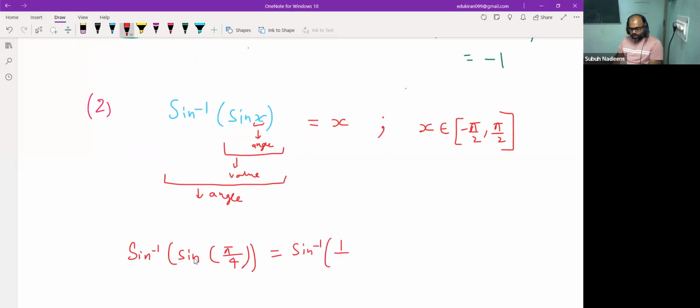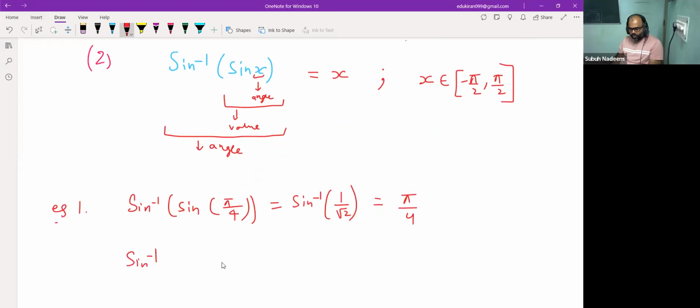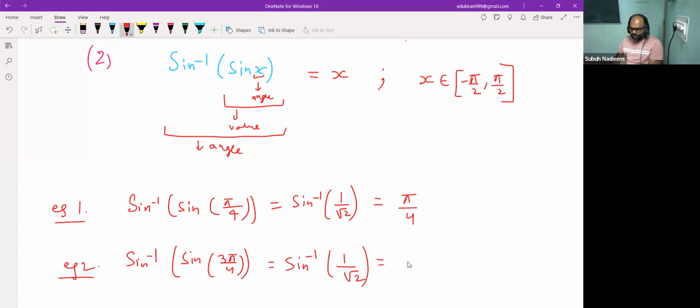But if we take example 2, sine inverse of sine 3 pi by 4. What is 3 pi by 4? 135 degree. So this will be sine inverse of sine 135 degree, which is 1 by root 2. And sine inverse of 1 by root 2 is pi by 4, which is in the principal value range. So here what you observe is that you gave the input 3 pi by 4 and the output has come pi by 4.